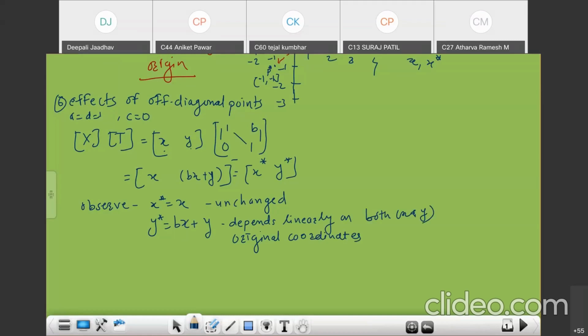You can observe here Y star is equal to BX plus Y. It means X and Y both are required to get the value of Y star. The Y coordinate depends linearly on the original coordinates X and Y. This effect is called shearing.